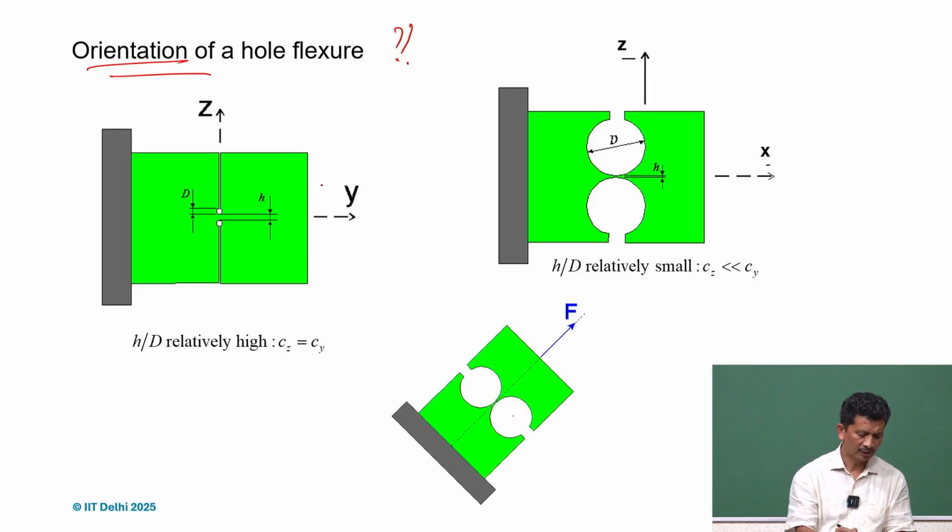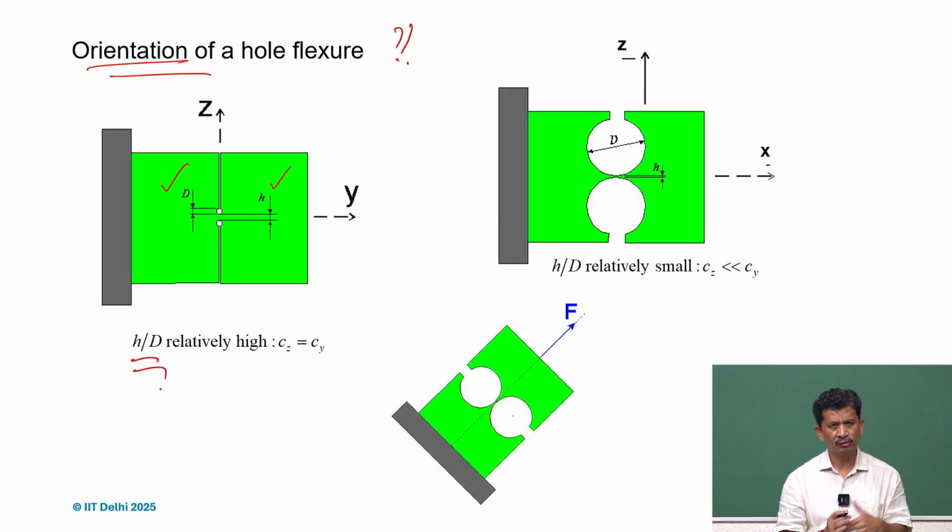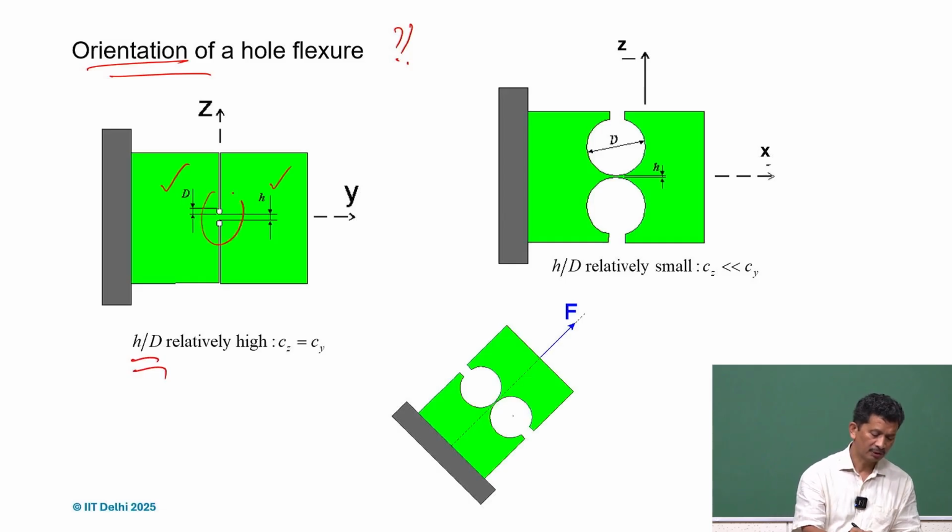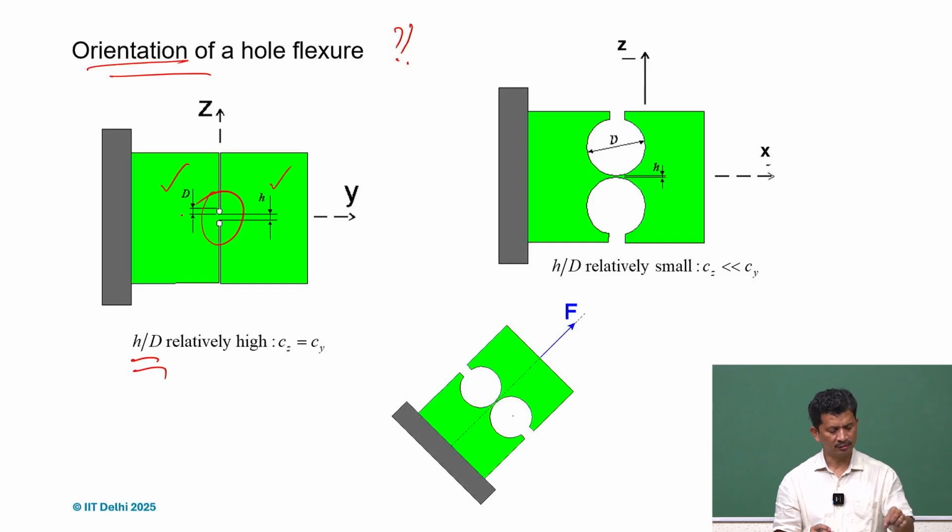So here, h by d is one of the parameters. If that h by d ratio is high, then what does it mean? It means the thickness is really high, and the stiffness in the CZ and CY directions will be equivalent, right?